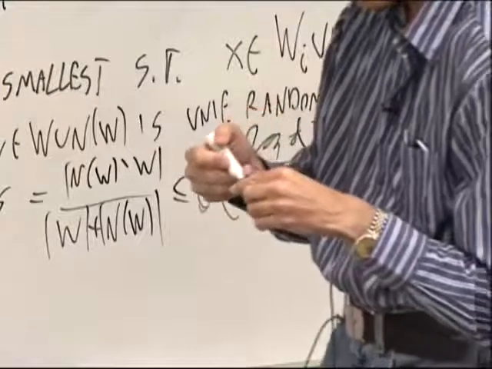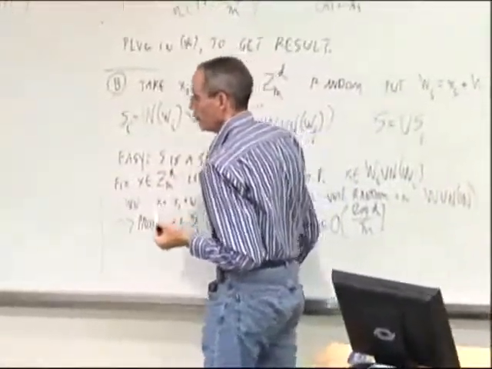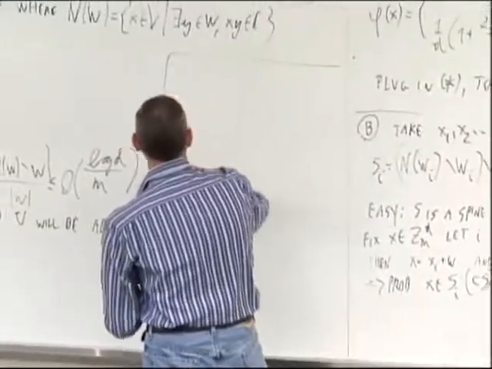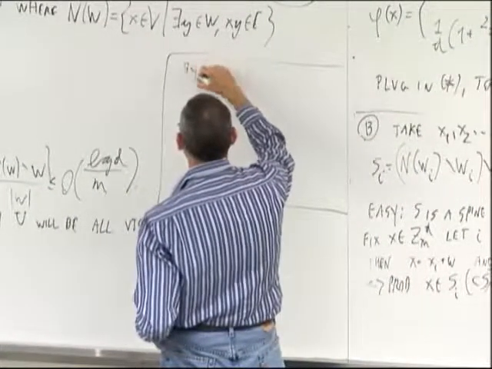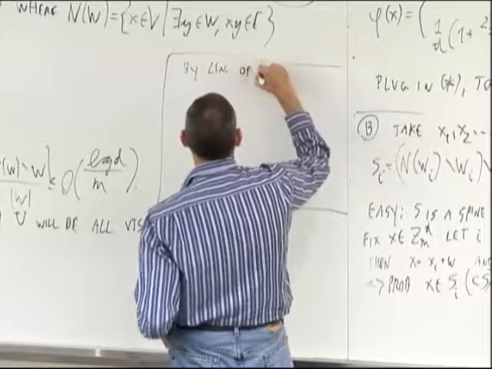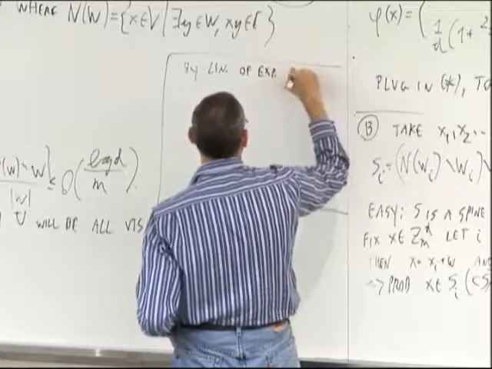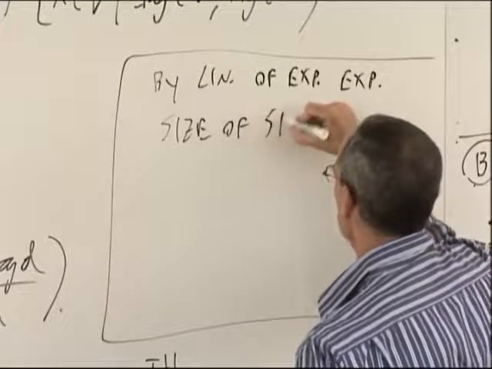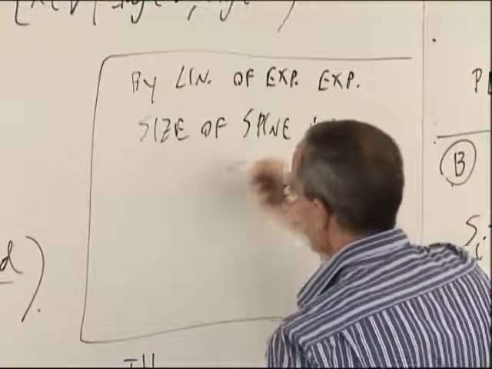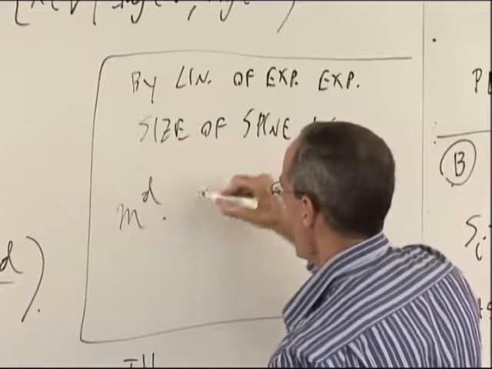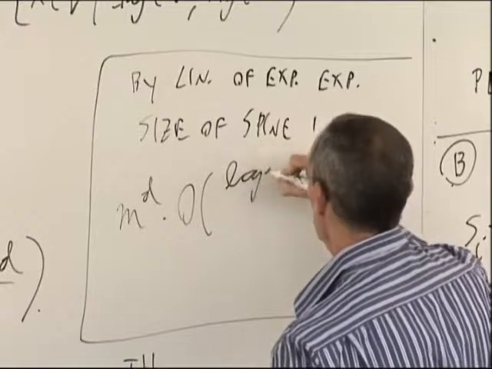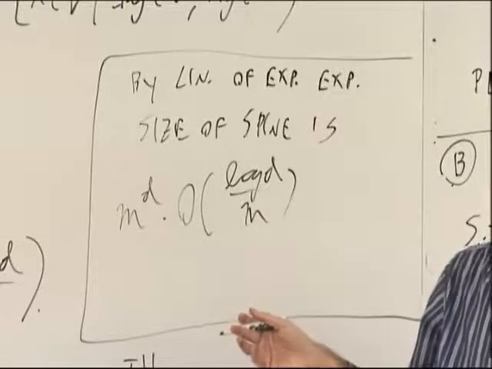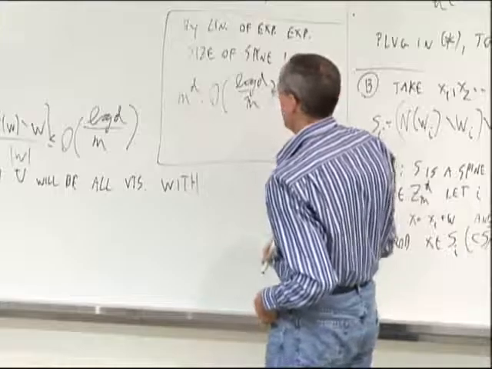So each point, when it is covered, has only a small probability to lie in the spine. And now just by linearity of expectation, the expected size of the spine is the total number of vertices times this O of log D over M, and that's what we wanted.